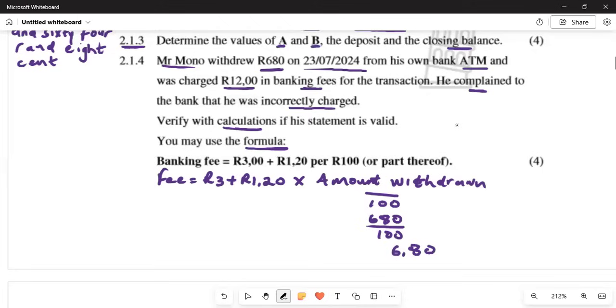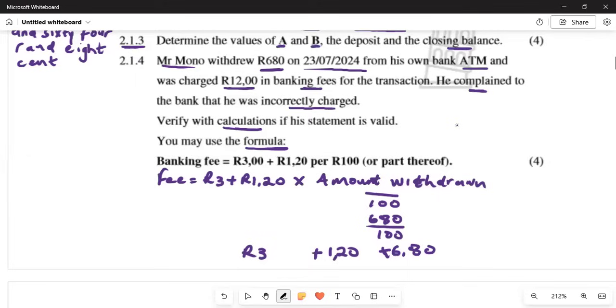So we are saying 6 Rand 80 cent times 1 Rand 20, and then we are also adding the 3 Rand.